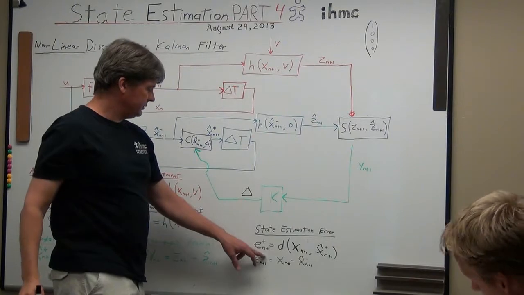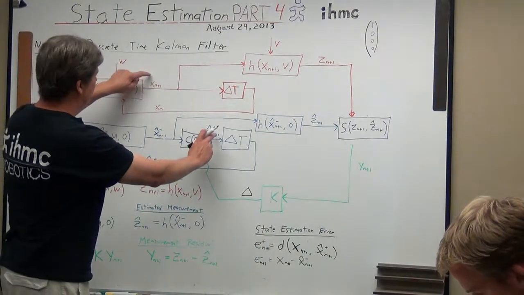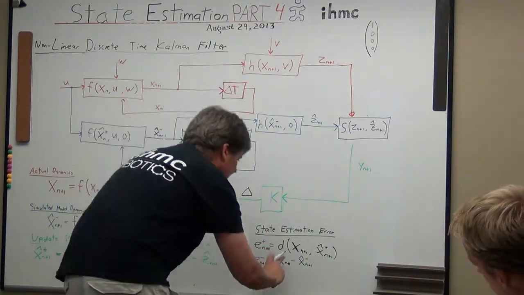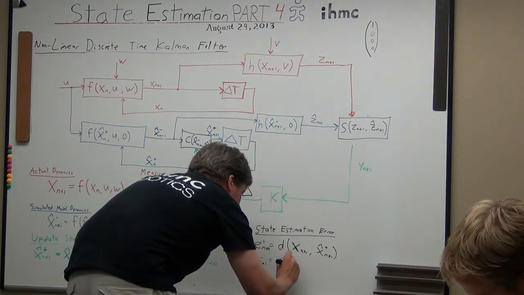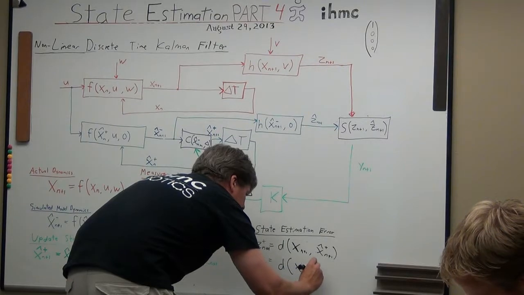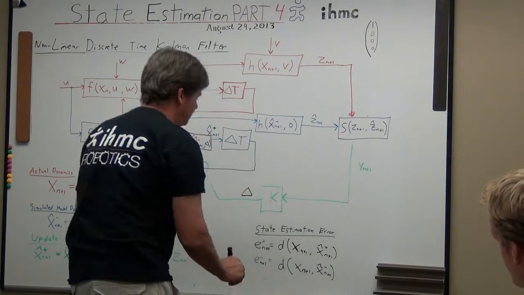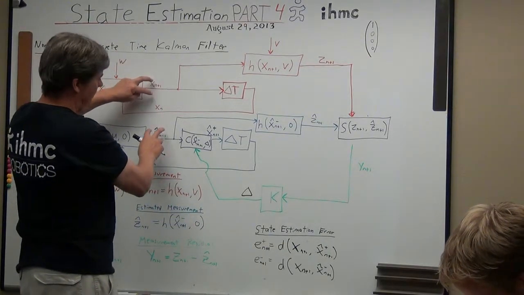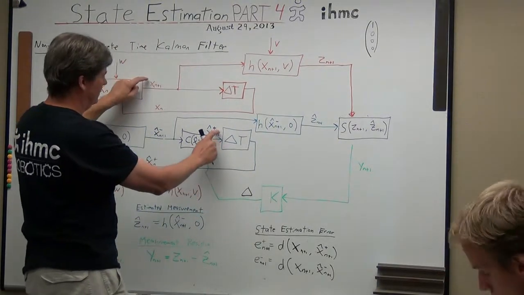So the error between these two is going to be this function d of the two values. Your error with the minus will be when you're comparing these two, and the error with the plus is when you're comparing these two.